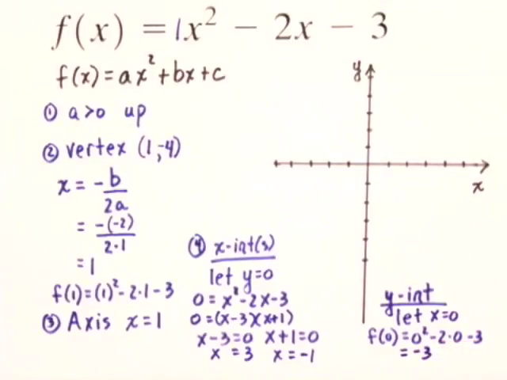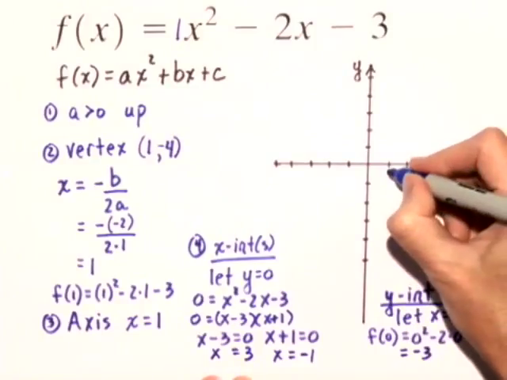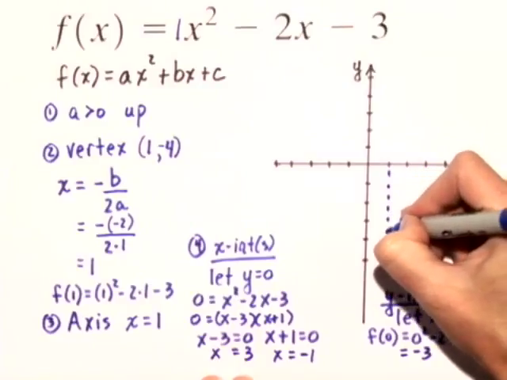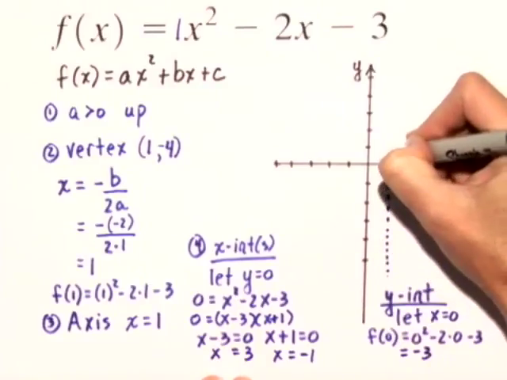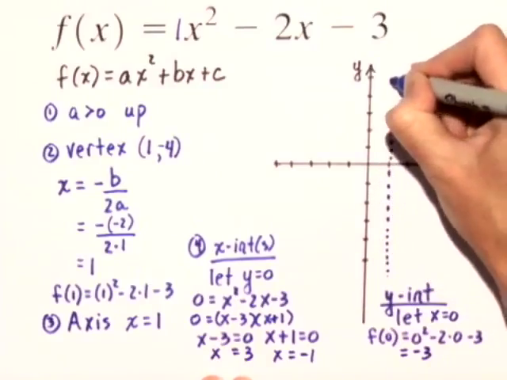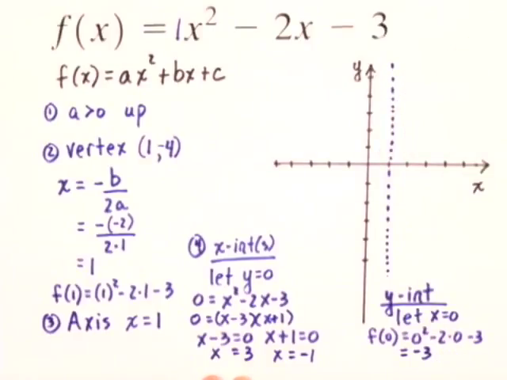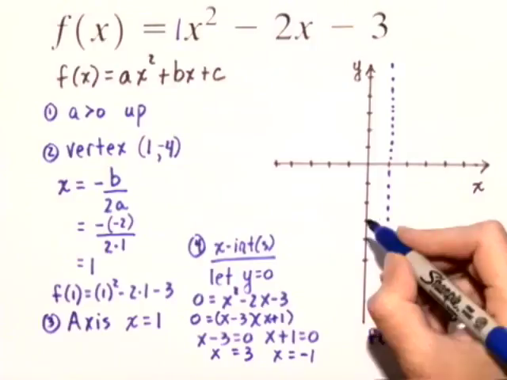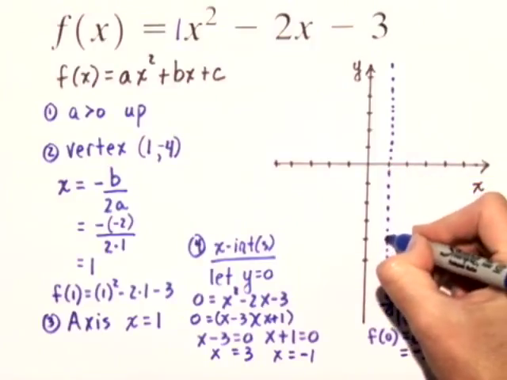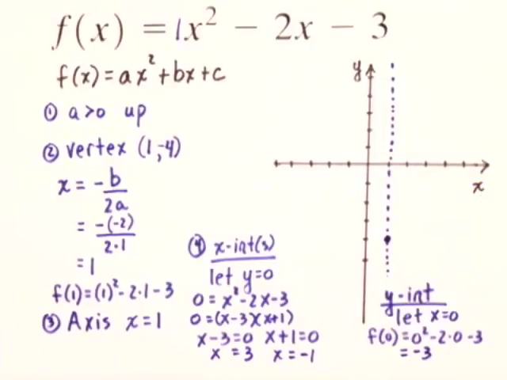Now we're ready to sketch this quadratic function. We know, first of all, that it opens up, and we know the axis of symmetry is the line x is equal to 1. So let's draw in our axis of symmetry, the vertical line going through 1 on the x-axis. Next, we'll plot the vertex, (1, negative 4), on the axis of symmetry.